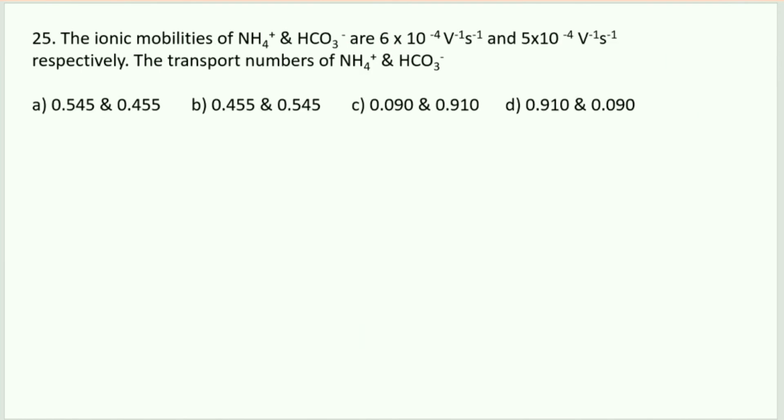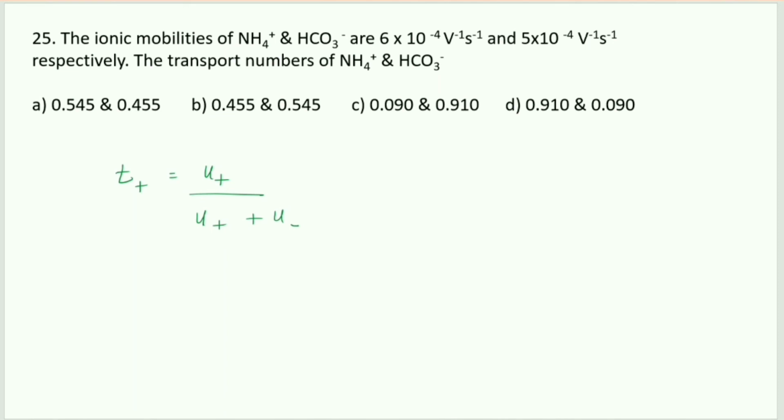25. The ionic mobilities of NH4+ and HCO3- are 6 × 10^-4 and 5 × 10^-4. The transport numbers of ammonium and HCO3- ions are to be found, T plus and T minus. T plus equals U plus by U plus plus U minus. That is the transport number equation.